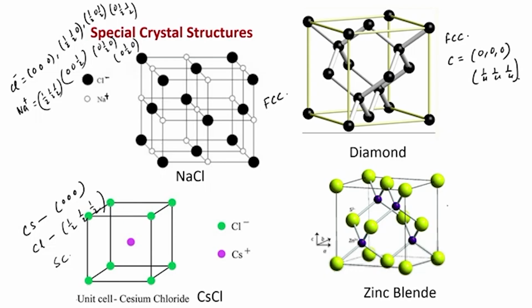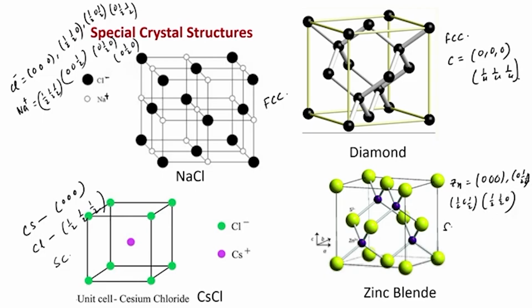And for zinc sulfide, which has essentially the same structure, we have zinc at 0, 0, 0. Then we have it at 0, half, half, and then at half, 0, half, and then at half, half, 0.